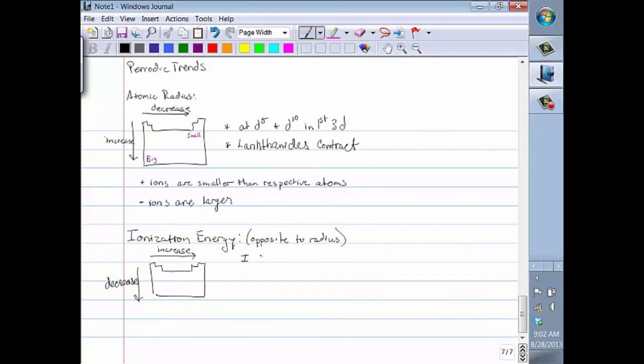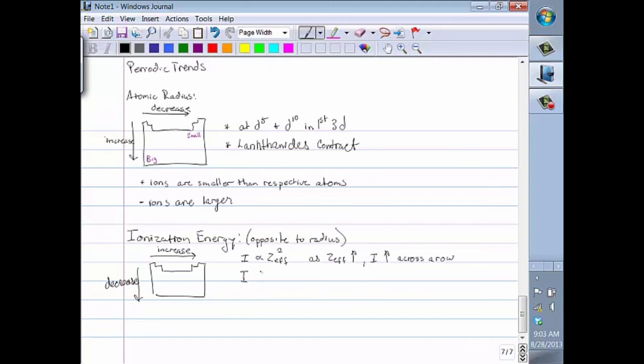The ionization energy is proportional to the square of the effective nuclear charge. And as the Z effective increases, the ionization energy will increase across a row.